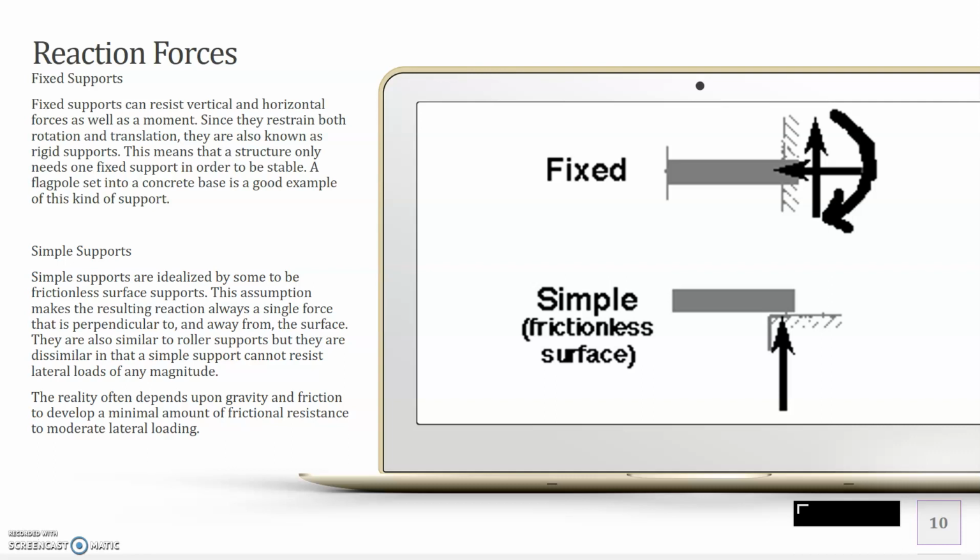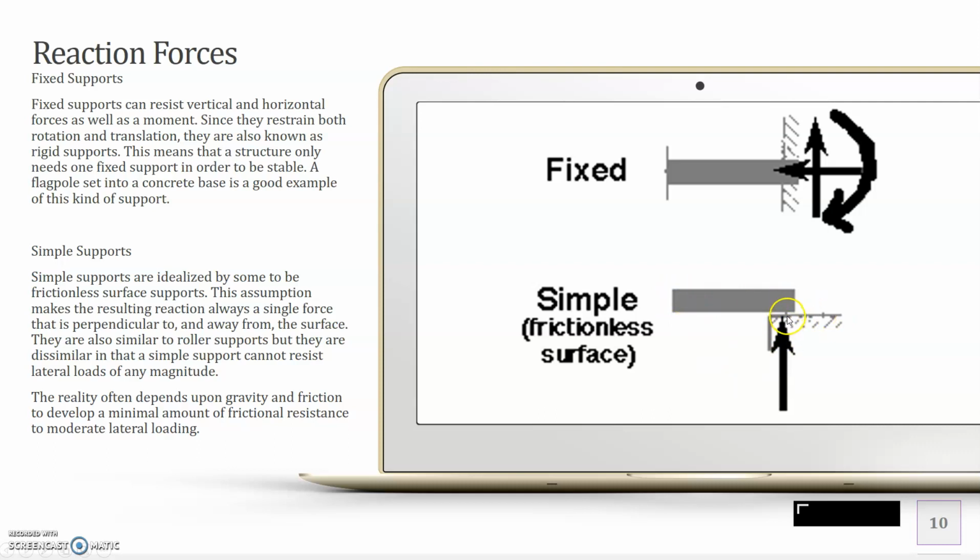Now, fixed and simple we will not deal with, just know that they do exist. Fixed is like a flagpole being shoved into the ground. It won't allow it to move left, right, up, down, or twist. That's a fixed support. A simple support is just like a slab on a flat surface.